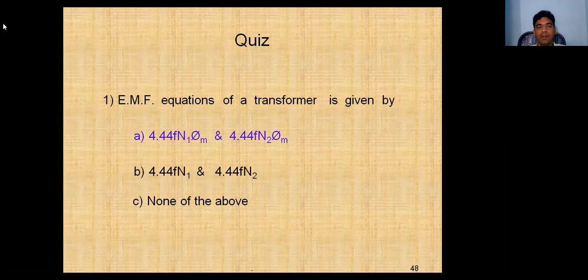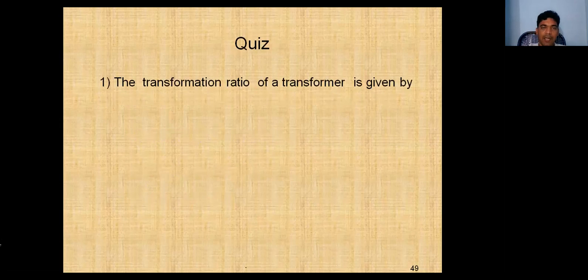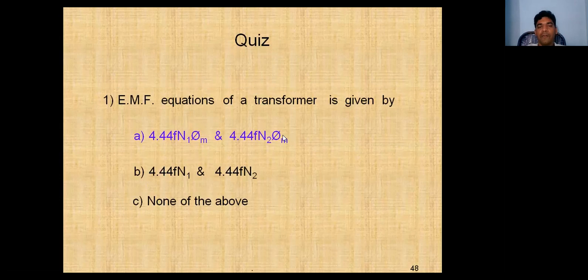So the answer is 4.44 f N1 phi m for the primary, and for the secondary, 4.44 f N2 phi m.